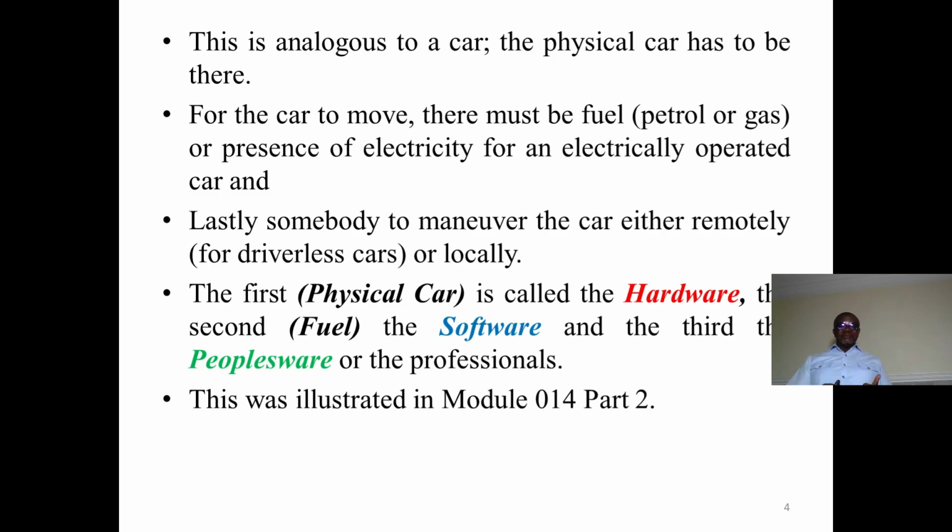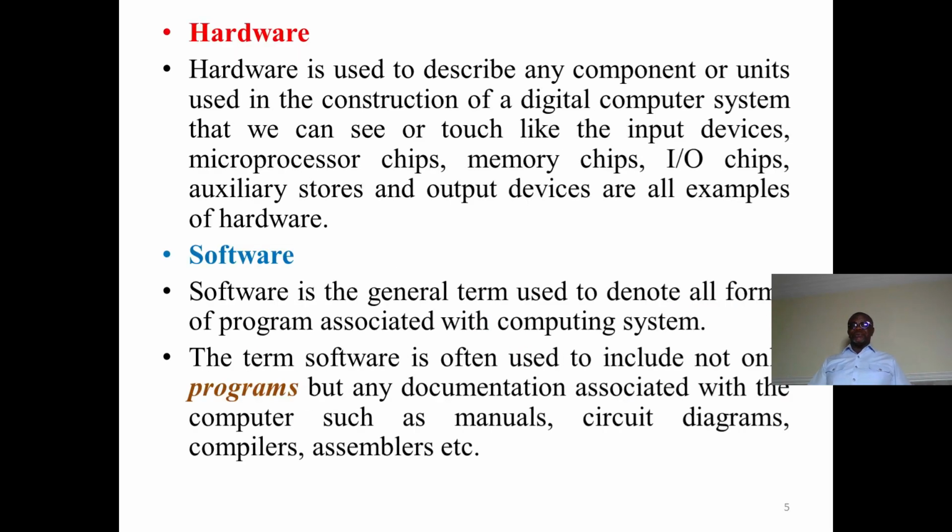The first, which we call the physical car, in computer parlance is known as the hardware. The second, which we call the software, is something like the fuel, and the third is known as the peopleware or the professionals. This we have illustrated in Module 014, Part 2.